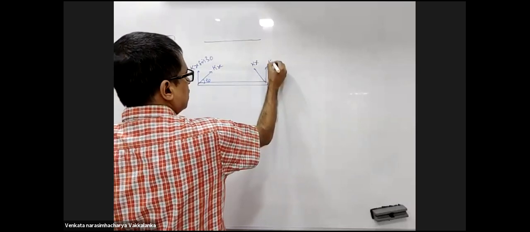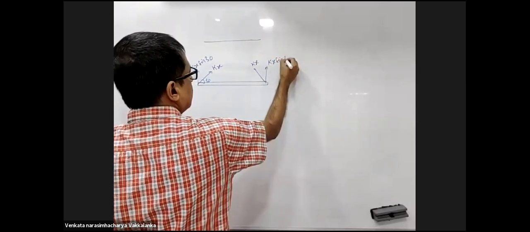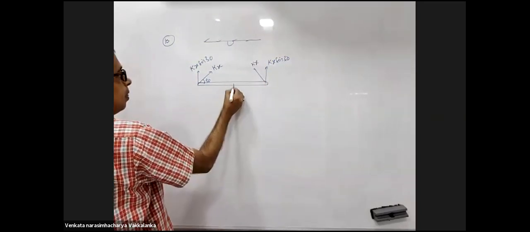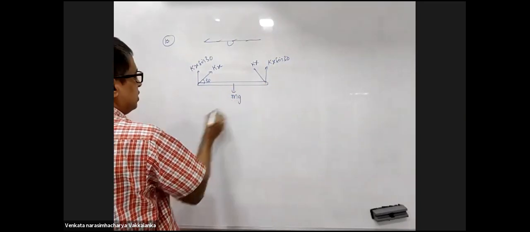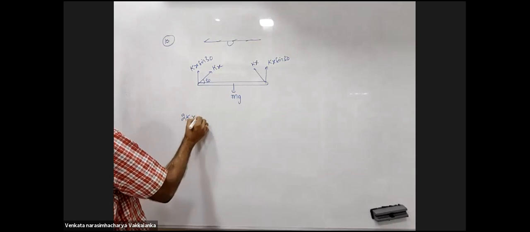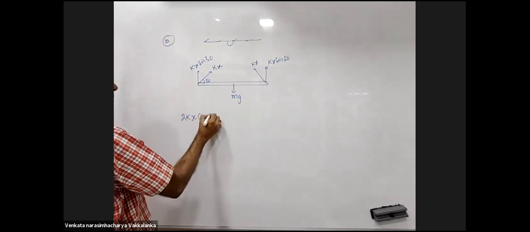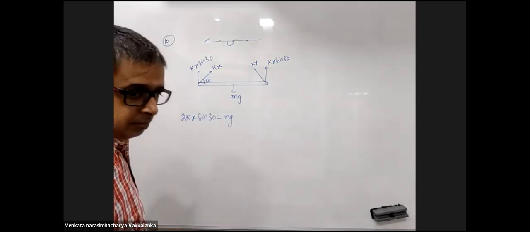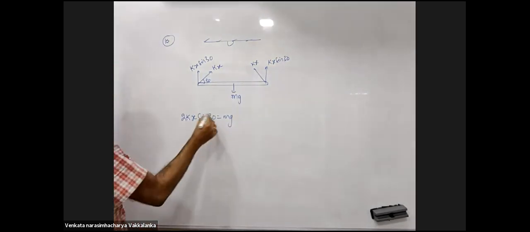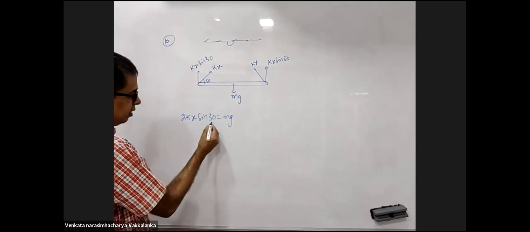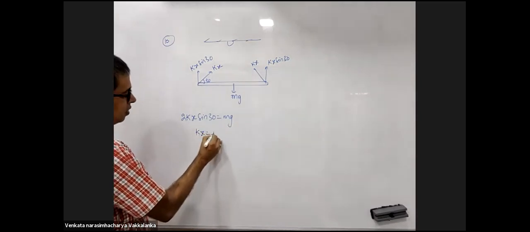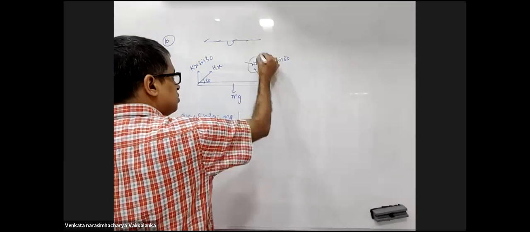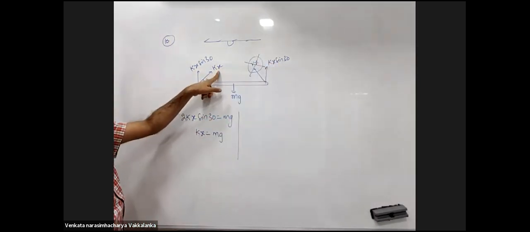It will be equal to N. First equation: 2kx sine 30 is equal to N. Now that sine 30 is half, kx is equal to N. Now that you are telling me this is cut, I am left with only this.